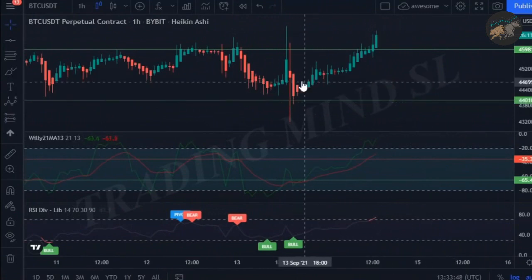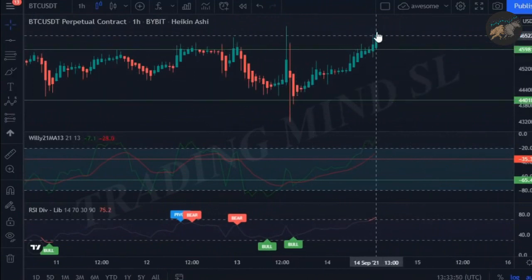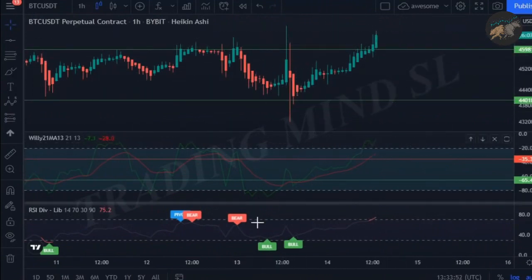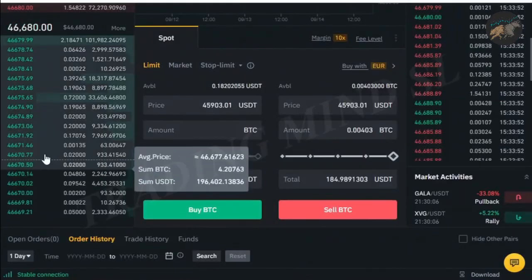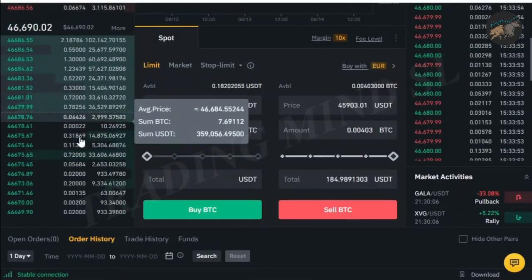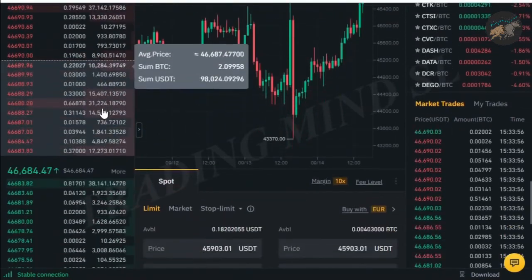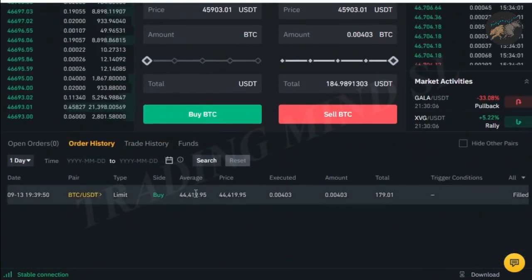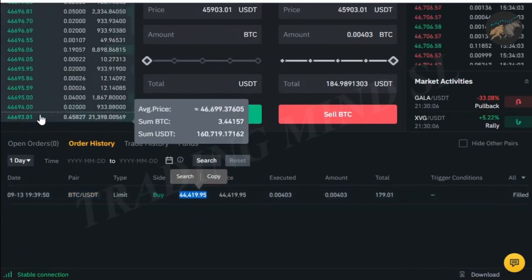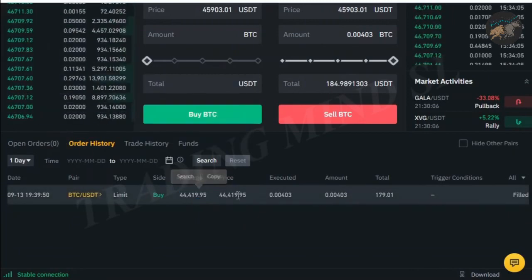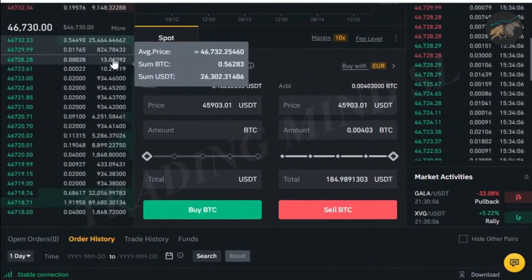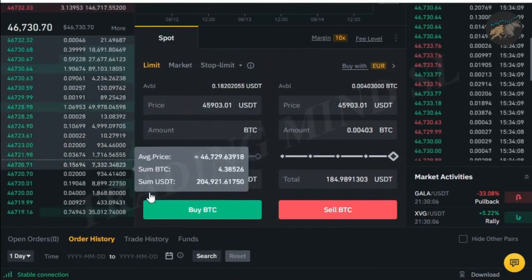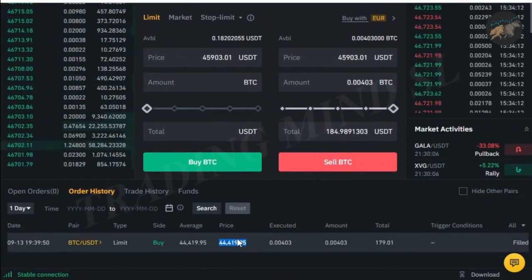As you can see, the trend broke out of the resistance line, and the indicator did not give a sell signal. So far we have made a profit of about 5%, and we are still waiting for the sell signal.